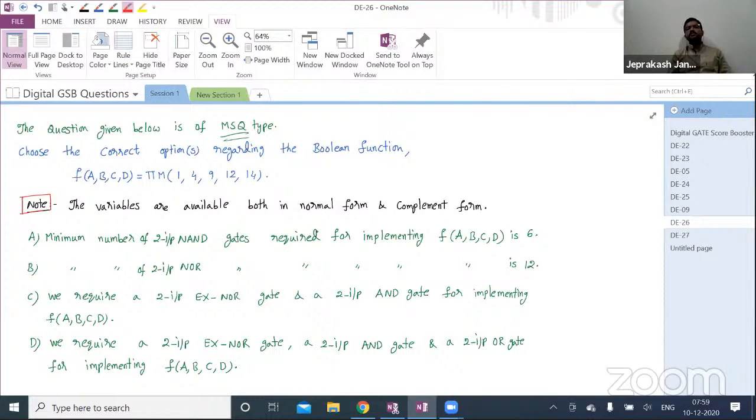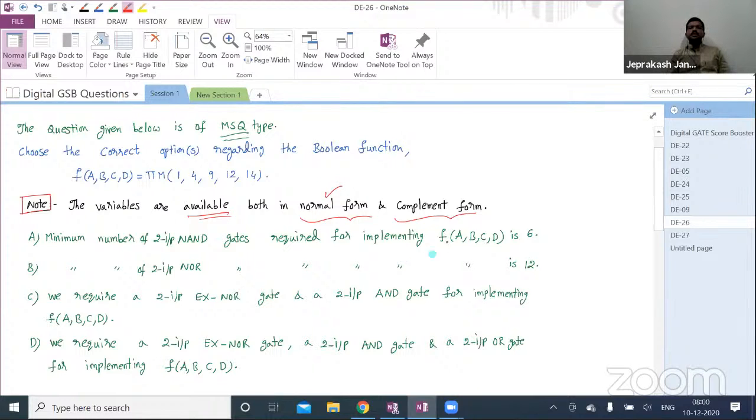But sometimes they will specify in the question that the variables are available in normal form and complement form. When they specify like this, if you get a complement version in the simplified function, you need not generate it separately. Suppose you get A bar, you need not generate it with the help of an inverter, so you can use it directly. If they don't mention anything about the variables, by default they are available in normal form.